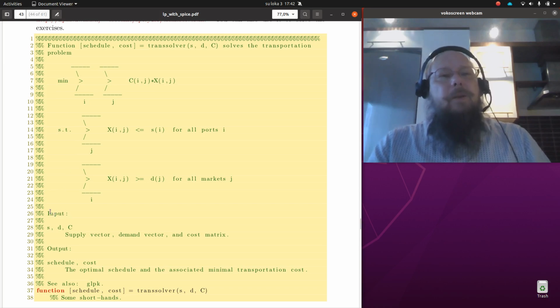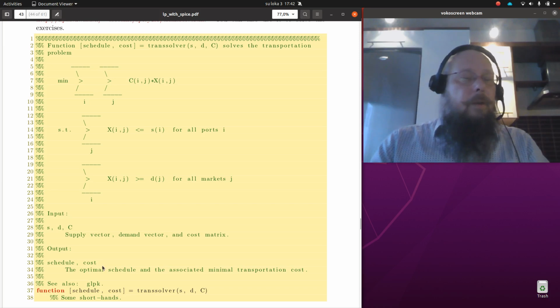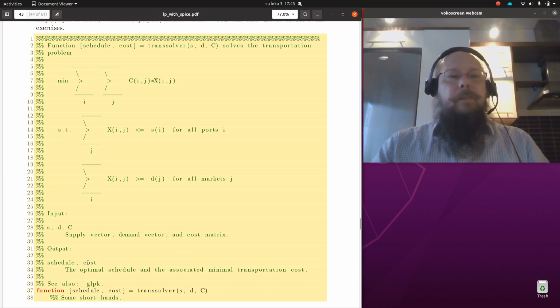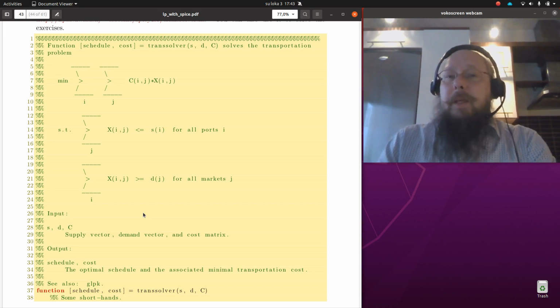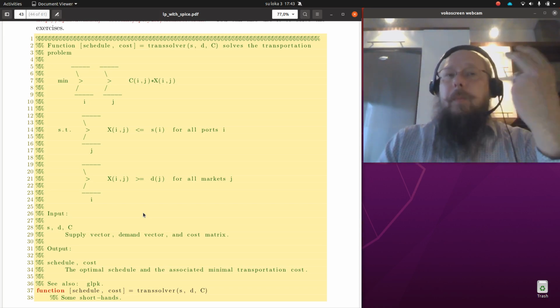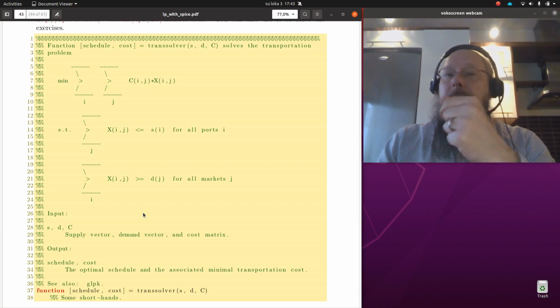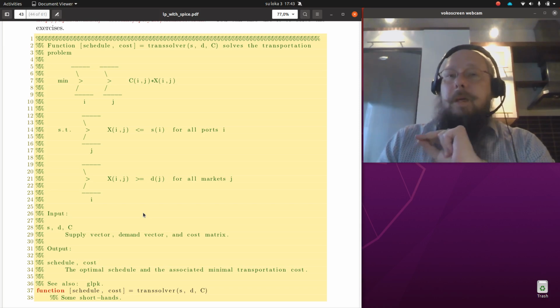So here is a very short explanation: input S, D and C, supply vector, demand vector, and cost matrix, and output schedule and cost. So this will be the optimal schedule and the associated minimal transportation cost. And this also calls GLPK, so obviously this is more or less a wrapper to GLPK. So we will transform the problem data, supply, demand, cost into objective, technology, bounds, and then solve it with GLPK.